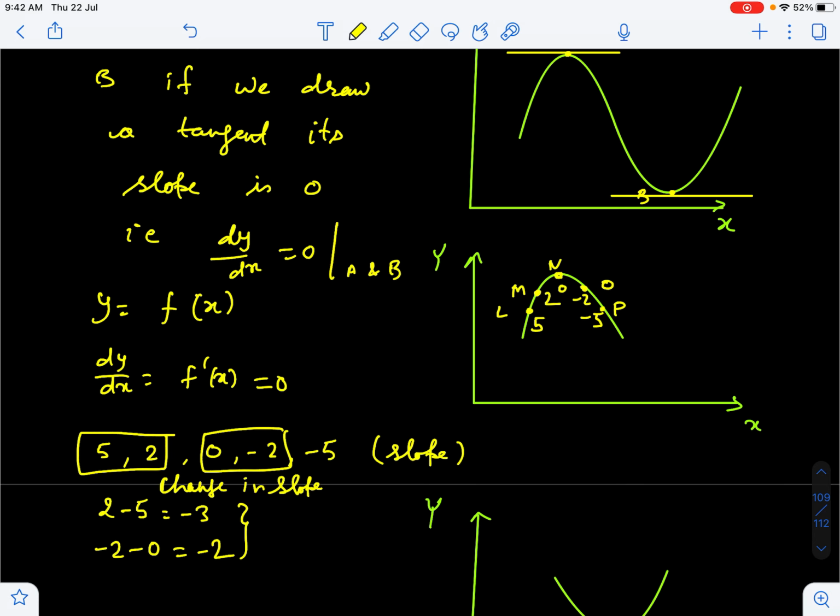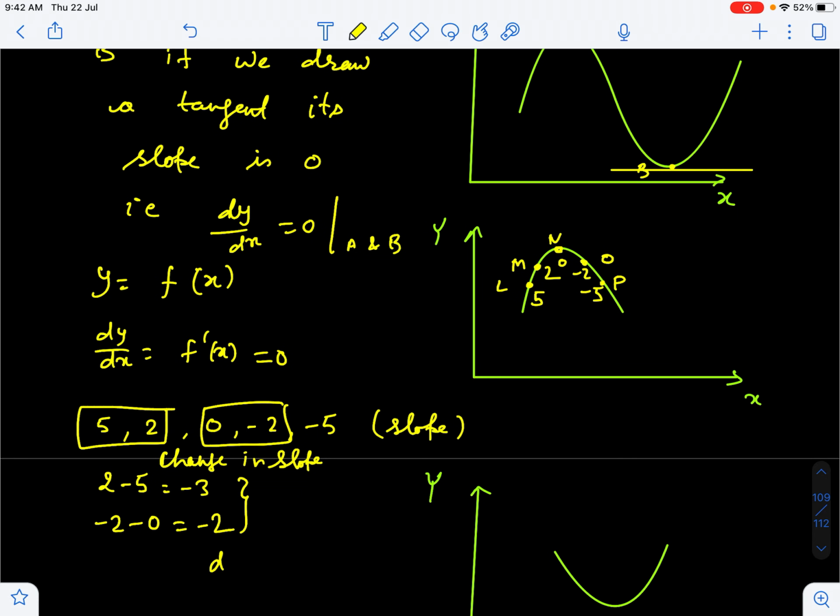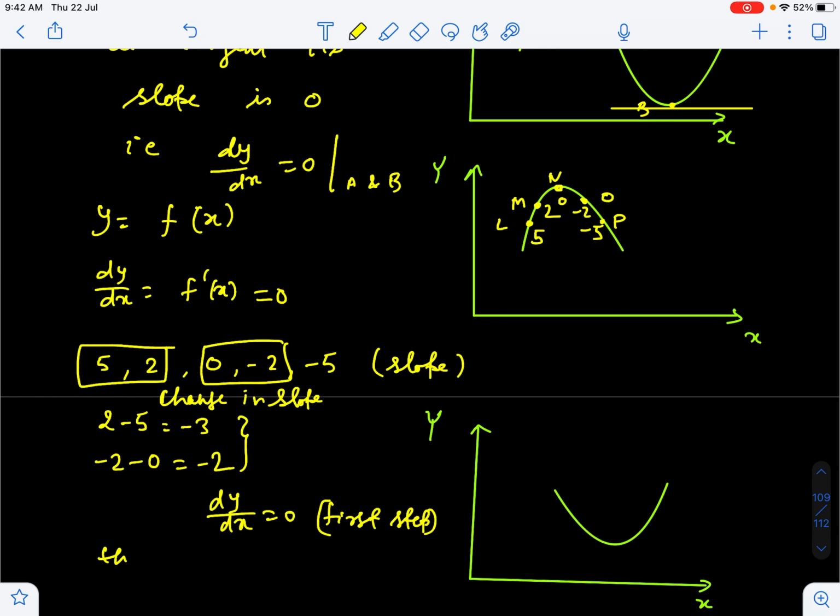That is why the first step is to equate dy by dx to 0. Then we have to calculate d2y by dx square. You get some points from the first step; substitute those points here. Suppose x is equal to a.